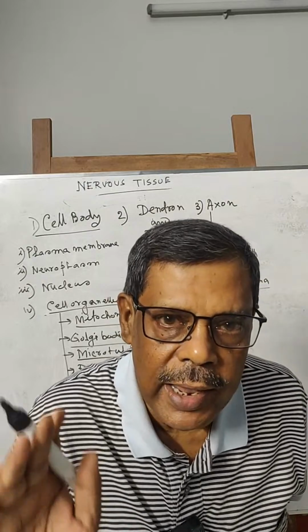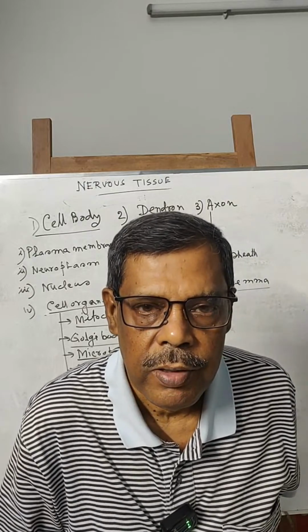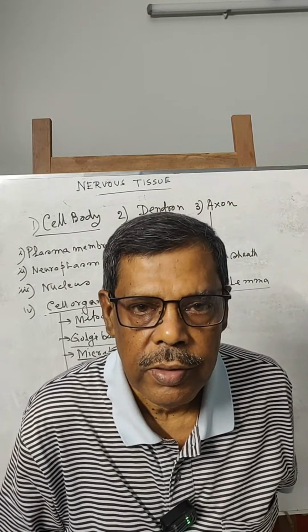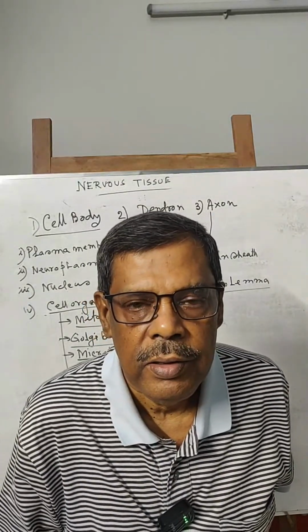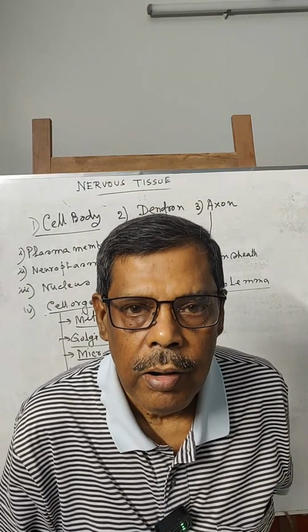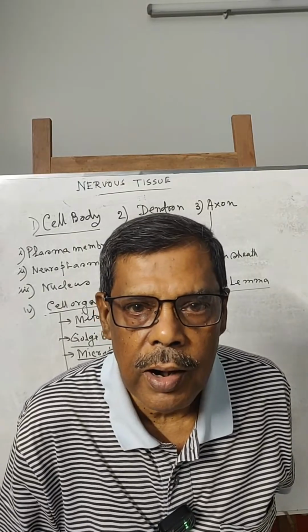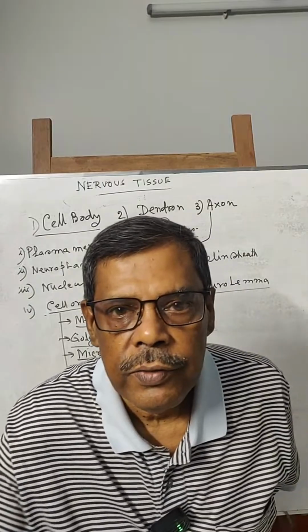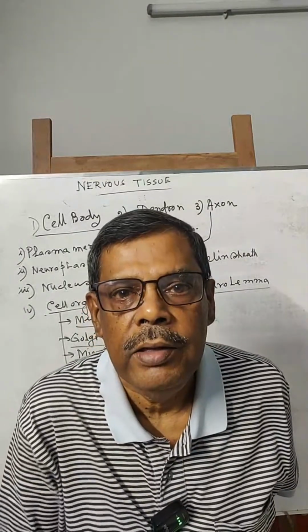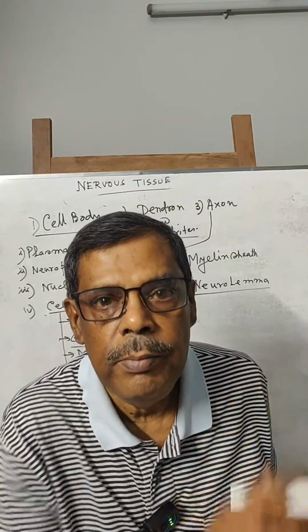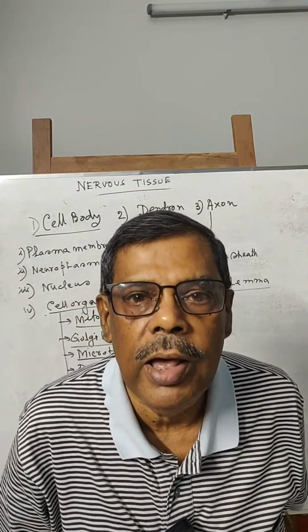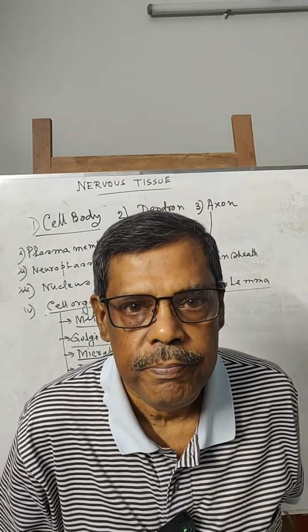It is found only in the PNS, because in the PNS the neuron is spirally covered by Schwann cells. So, Schwann cells produce the medullary membrane.